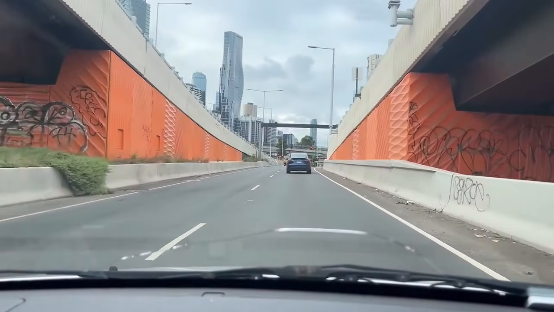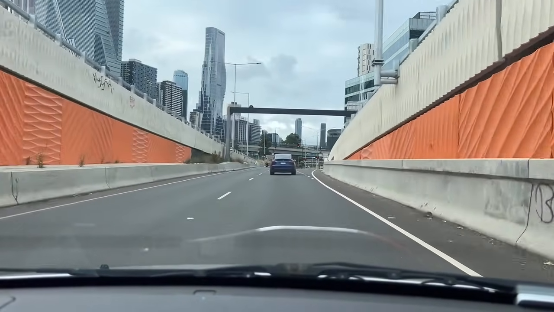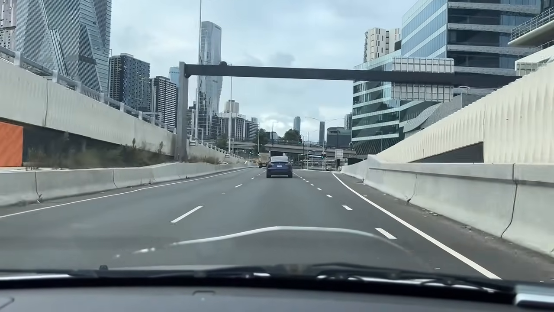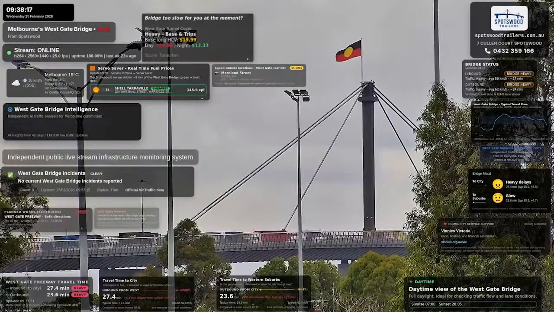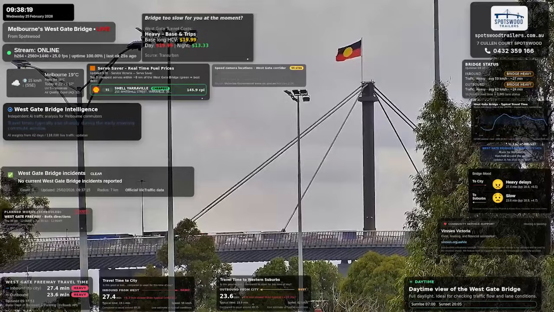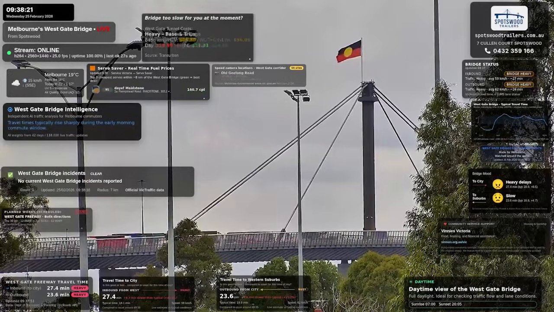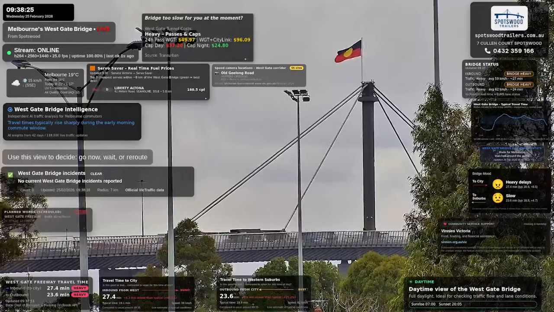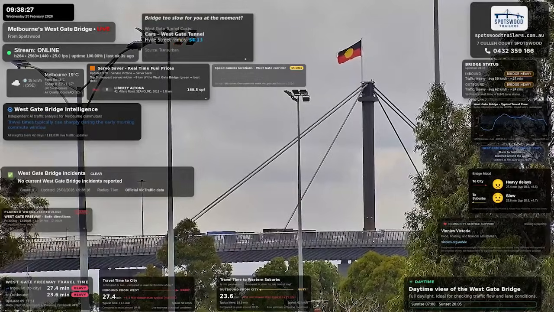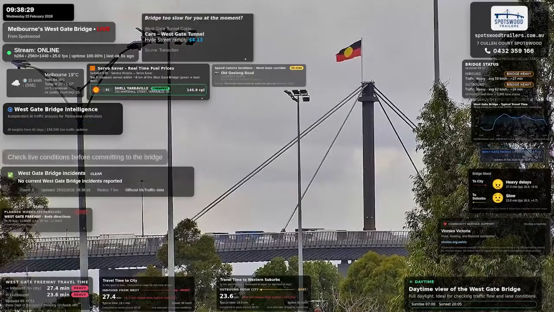It puts into plain English what it's learned. So travel time is usually high at this date and time, or between these hours, stuff like that. Bridge is fast at these hours, bridge is slow at those hours.